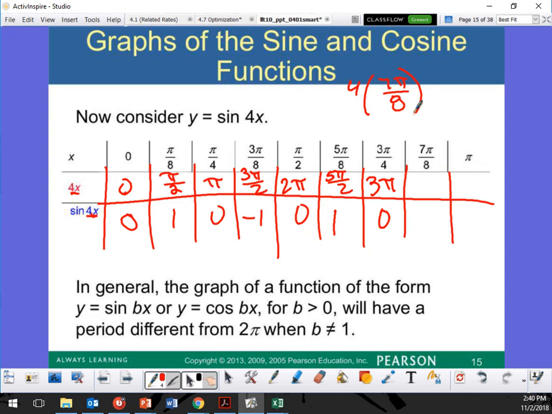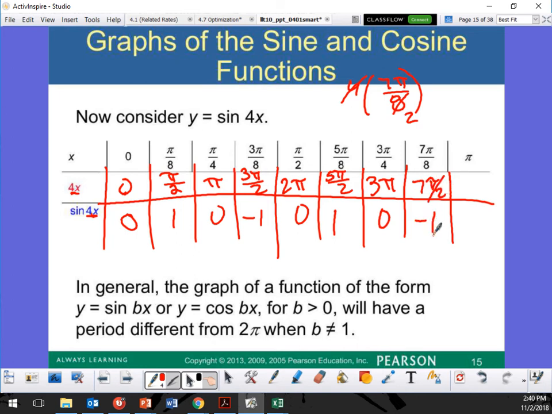If you multiply by the top, you get bigger numbers. I don't want bigger numbers. I want smaller. So reduce before you multiply. We know that 4 over 8 gives me 1 over 2, right? So cancel, reduce, and this gives me 7 pi over 2. So I get what? Negative 1.